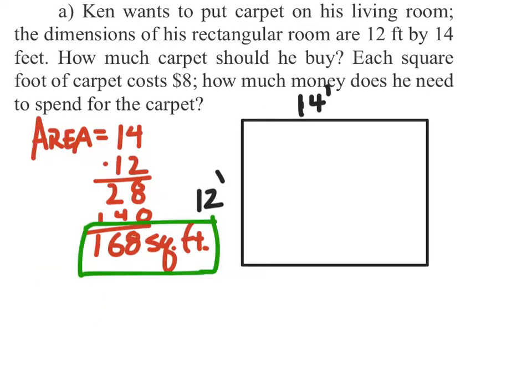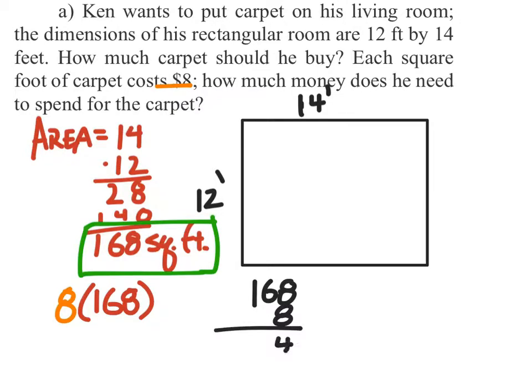But then the second question says, if it's $8 per square foot, how much is he going to spend on this stuff? So it is the $8 per square foot, and you got 168 groups of that. So we're going to multiply these out. We'll show it. 168 times 8.